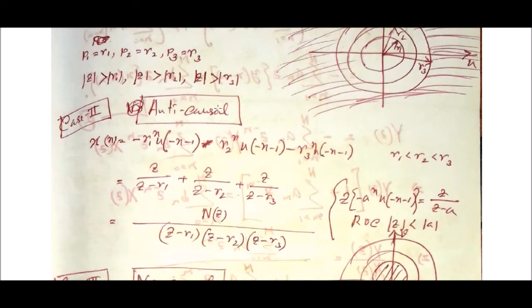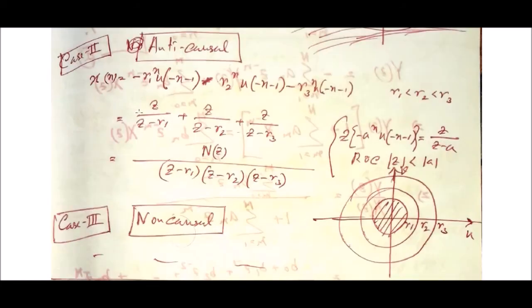For the anti-causal signal, again, if you examine, three signals are there, all of them anti-causal signals having a similar form of Z transformation. Three poles are there, r1, r2 and r3, and if this is the relation, then the smallest circle's radius is r1, the middle one is r2 and the largest one is r3.